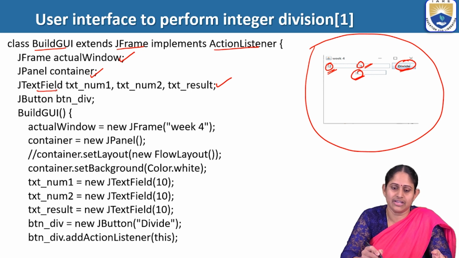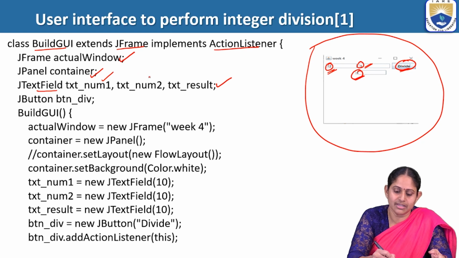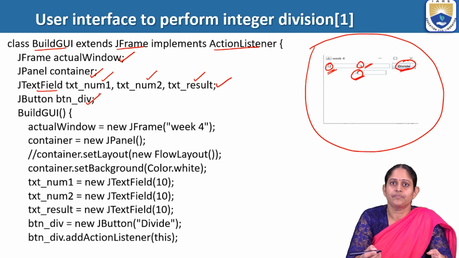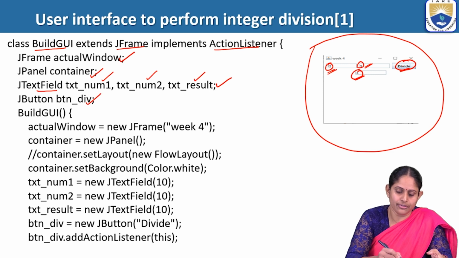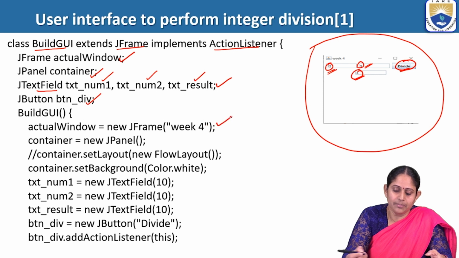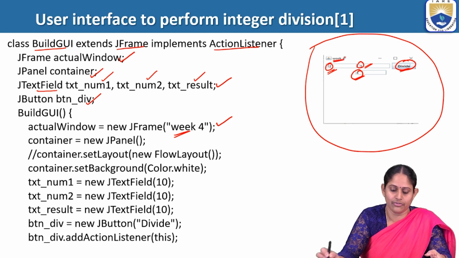The three JTextFields: num1 for the first parameter, num2 for the second parameter, and the result one for printing the result. Then we have a JButton, which is created for providing the button. Now we are giving a title for this JFrame, which is week 4. So we get week 4 over here for the frame.